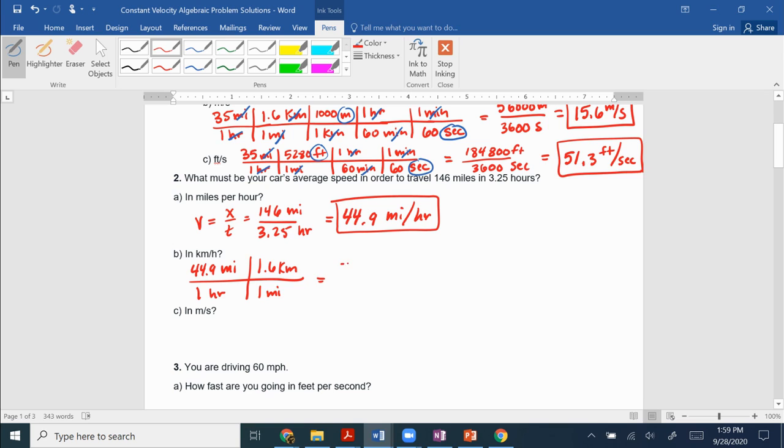So that's going to give you 71.8. Units on that would be kilometers per hour.